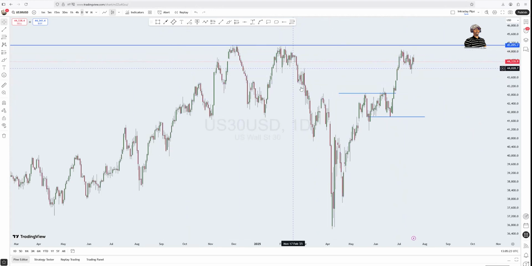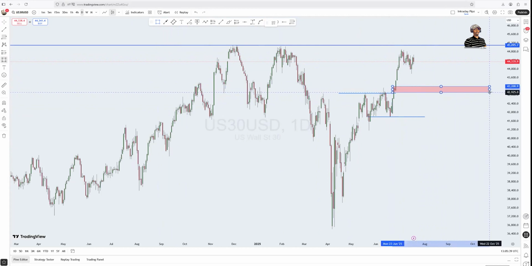Looking at the price action, there is a possibility that we might see price give us some correction, because there is a demand zone right here. This is the daily time frame. So we also have an imbalance inside there, giving us a defined zone where there is an expectation for price to correct down to before a possible push up in price.